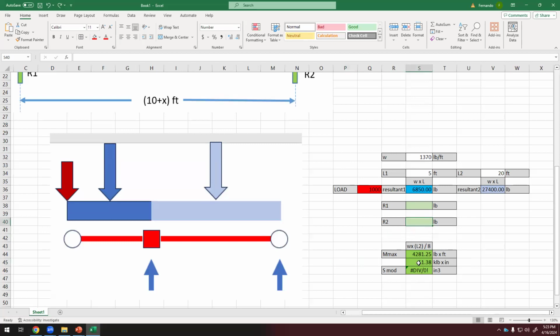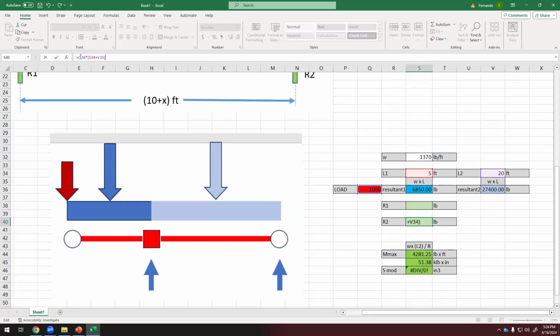So I have to start again from scratch. So it's the load times L1 plus L2, but I need a parenthesis here. Yeah, parentheses around that one too.